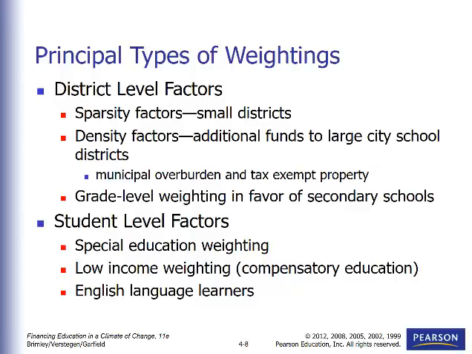So the sparsity and density factors we already talked about a little bit. We don't use the density factor in Oklahoma, mainly because we only have two urban areas, Tulsa and Oklahoma City, and it just hasn't been introduced into the state. Again, we have over 500 districts.